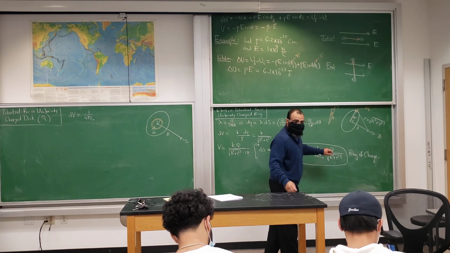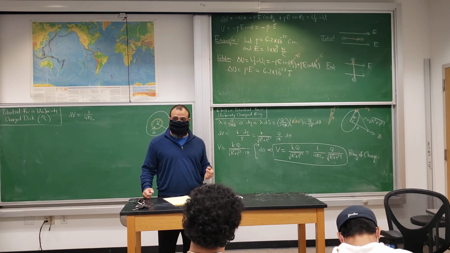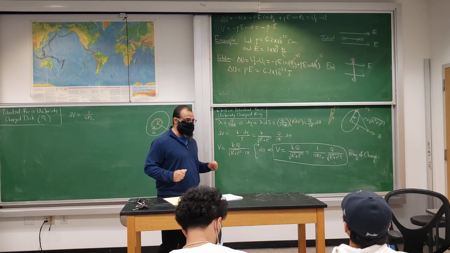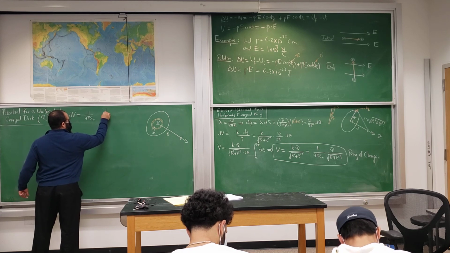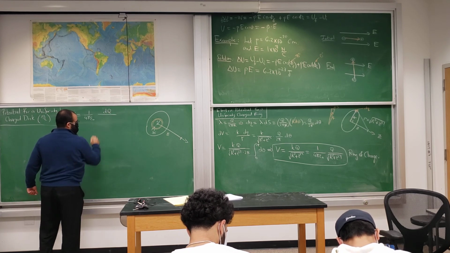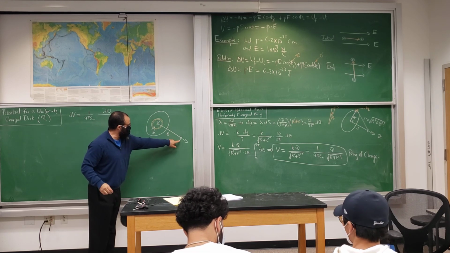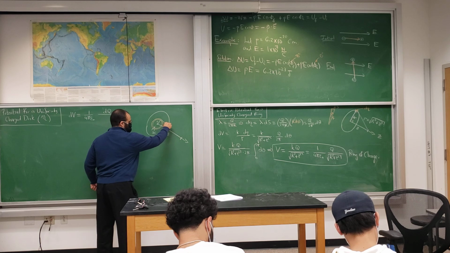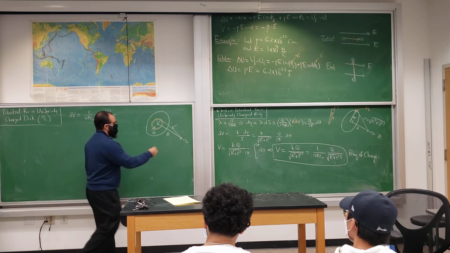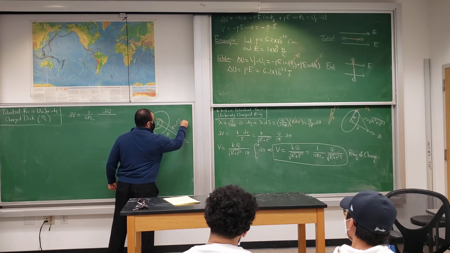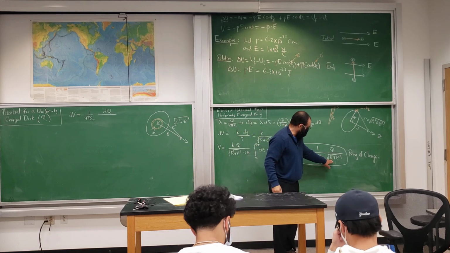Q: does the ring have the entire charge Q of the disk, or does it just have part of it? Part of it, so we're going to call it dQ, divided by the distance from the edge of the ring to this point. So this distance. Now how large is this distance? The square root of little r squared plus z squared. So very similar to this one, but instead of capital R, it would be little r.